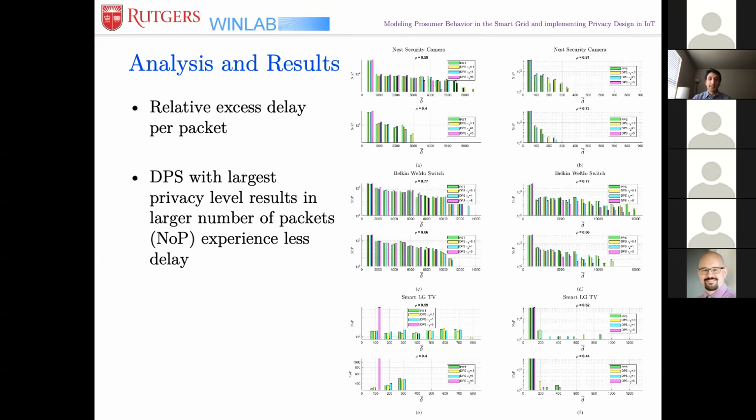These figures show that decreasing the transmission efficiency level skews the distribution to the left and decreases the relative excess delay. In addition, the figures demonstrate that DPS with the largest privacy level, in comparison with other shapers, results in a larger number of packets experiencing less delay due to the defined trade-off for this mechanism.